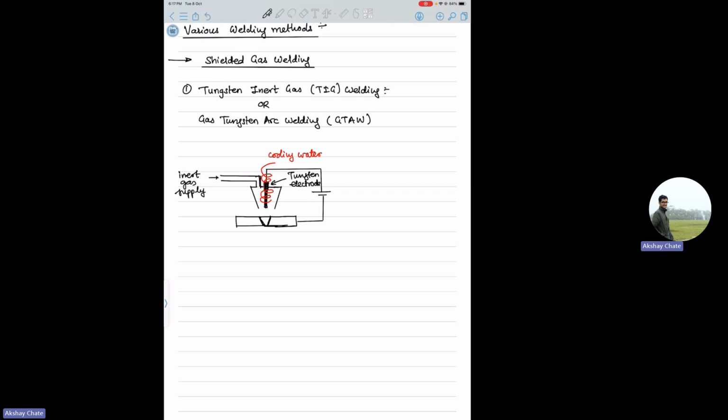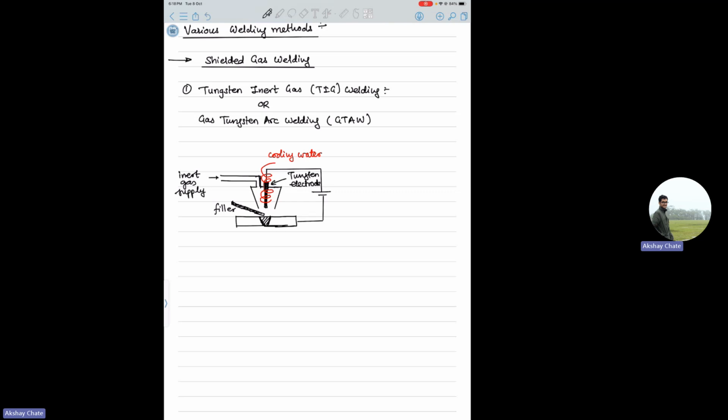Okay, and in some cases you need filler also. Depending on the thickness of the weld pool, if you have a larger thickness, you can have filler materials also. So what happens, when this arc is formed, this filler material gets melted, and then it will go into this weld pool, and this is how you can have a shielded gas welding with tungsten electrode.